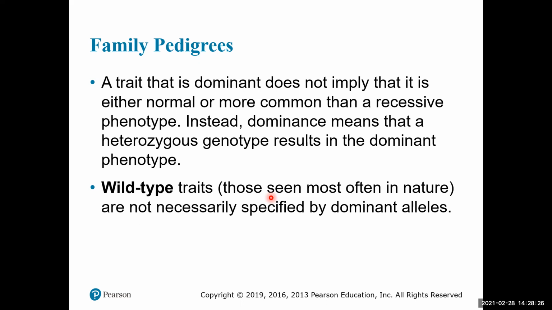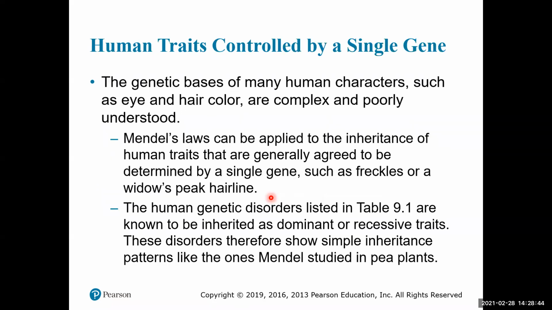Whenever we refer to traits that are seen most often in nature, we refer to those traits as wild type traits. So a wild type trait is a trait that you see most often, and it could be a dominant or a recessive trait. It just depends on which one is seen most often. And you'll see how that plays out, especially whenever we talk about the genetic disorders that can occur and that can show up in human populations.